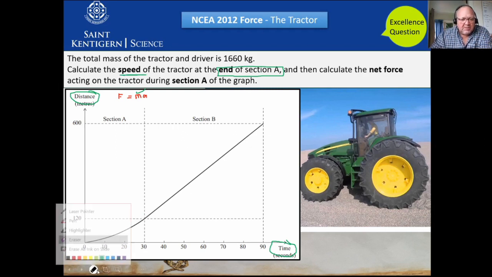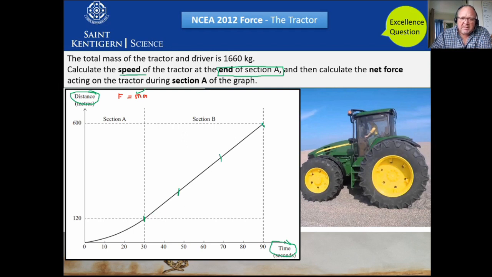But you know that when we look at this section B, it's a straight line. Is there any acceleration happening there? No, there's not. So if there's no acceleration happening in section B, it means that the speed is staying the same. And the beginning of section B and the end of section A is the same place. And the speed will be the same here as it is here, as it is there.